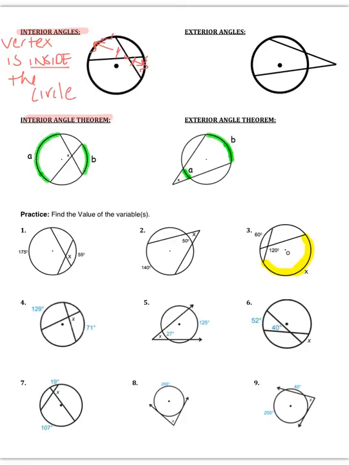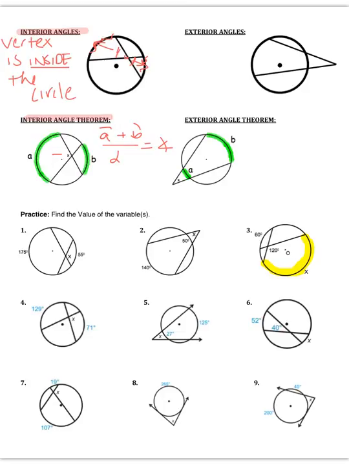So how I would figure that out is I would take the average of the two arcs. How you take the average of something is you add them up and you divide by the number of numbers. So I would add up arc A plus arc B and divide by 2, and that's going to get you your angle, which in this case is X.